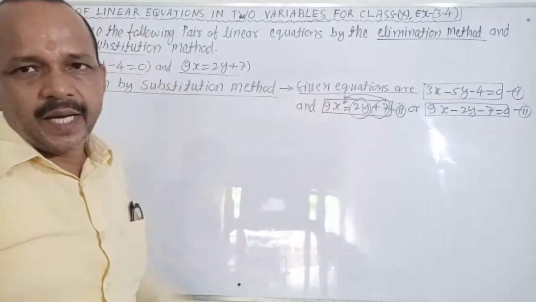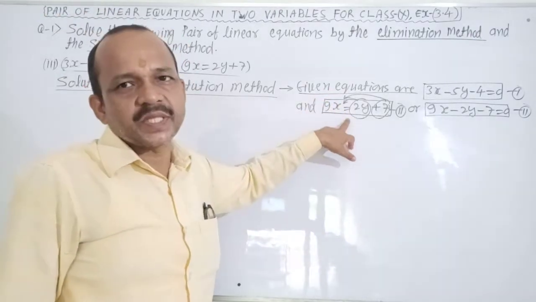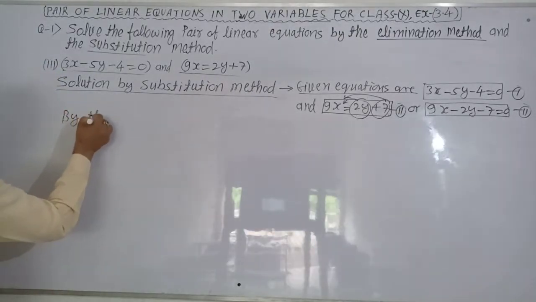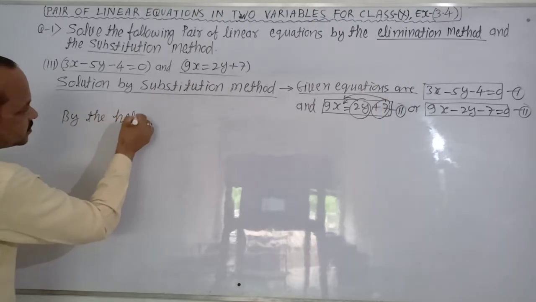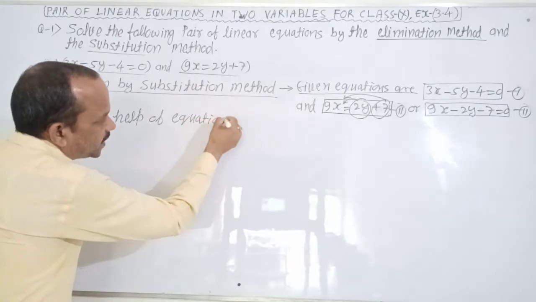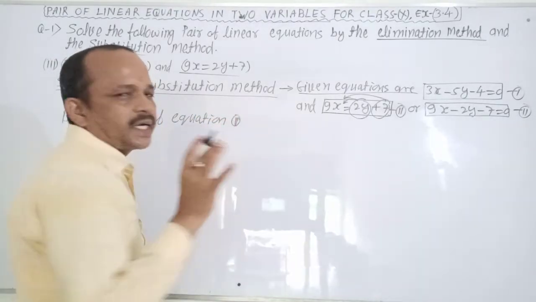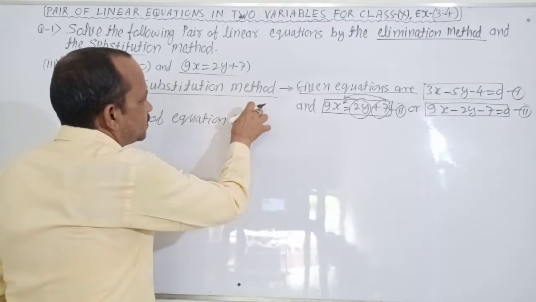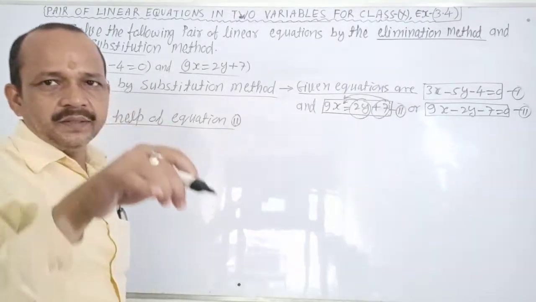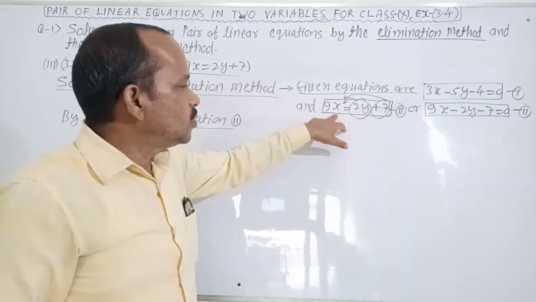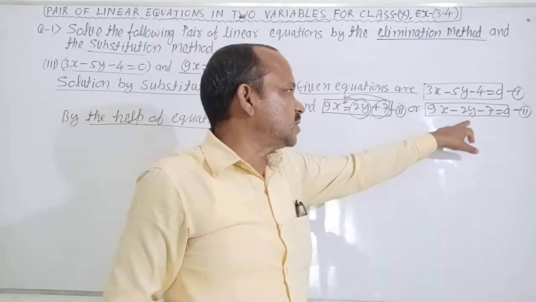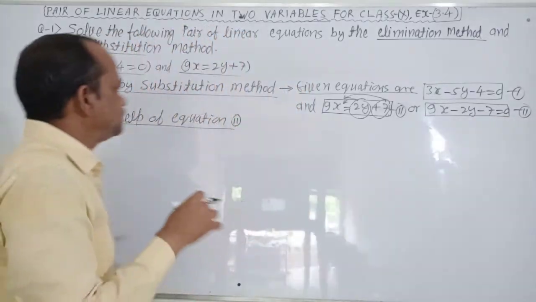Very good. By the help of equation second, which is 9x equal to 2y plus 7 or 9x minus 2y minus 7 equal to 0.